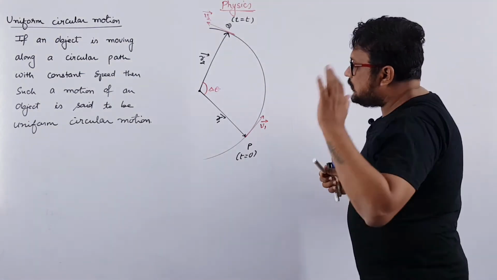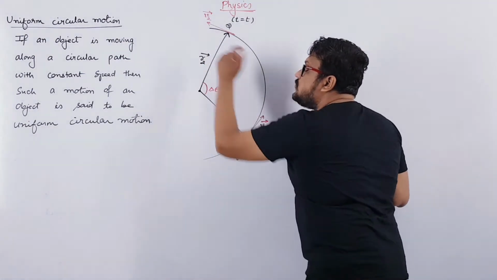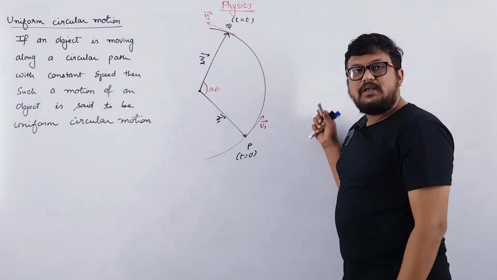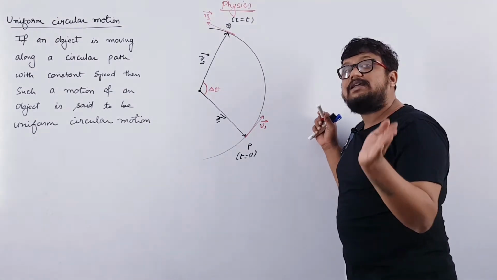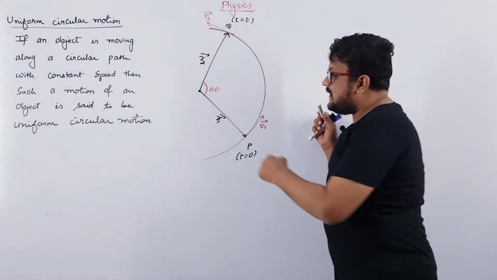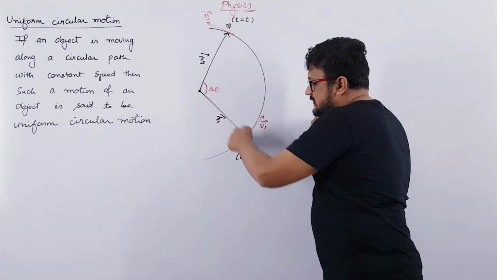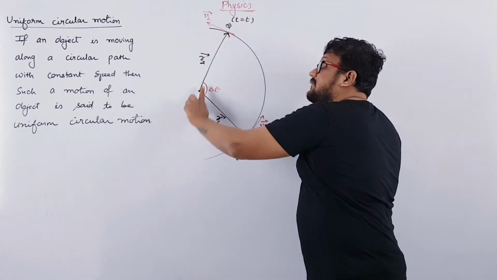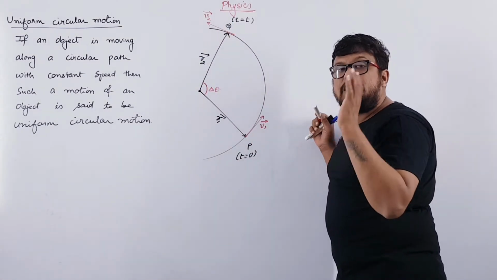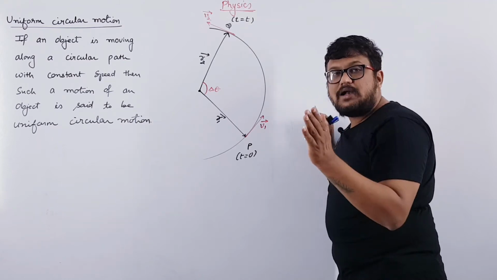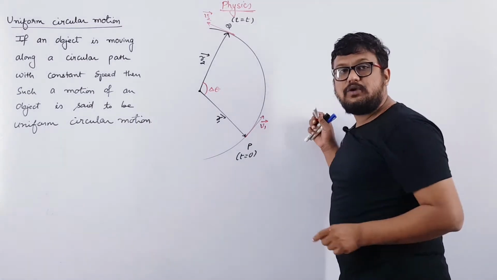Now here you can see that r1 and r2 are radius of the circular path. Hence, we can say that their magnitude will be same, but their directions are different. Look, r1 is in this direction and r2 is in this direction. So, direction wise, r1 and r2 are different, but in magnitude, r1 will be equal to r2, that is equal to radius of that circular path.